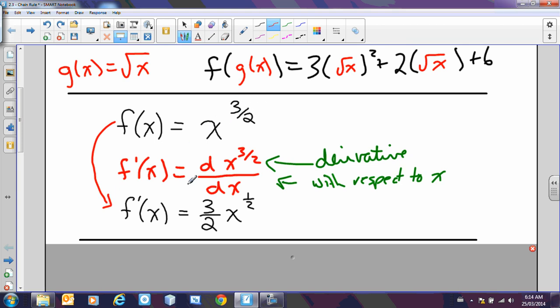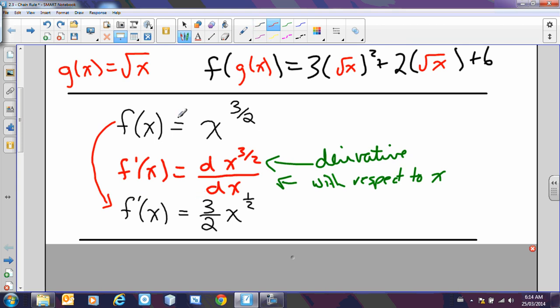The exponent is multiplied by the coefficient out front. In this case, the coefficient is 1, of course, so I have 3/2 out front. I subtract 1 from my exponent. 3/2 minus 1 is 1/2.